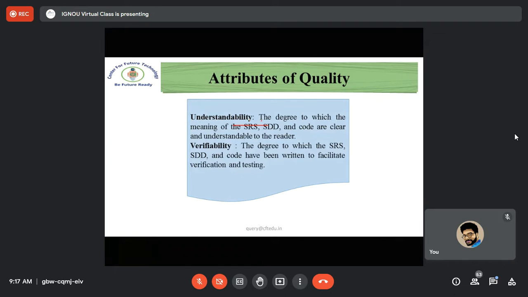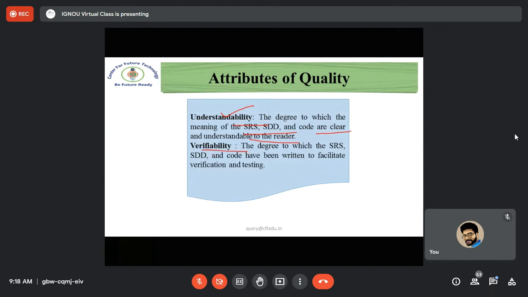If they all are able to understand your software, the degree of usage of that software will be enhanced. So the degree to which the meaning of the SRS, software design document and code are clear and understandable to the reader is called understandability.